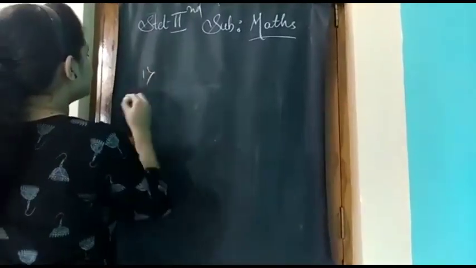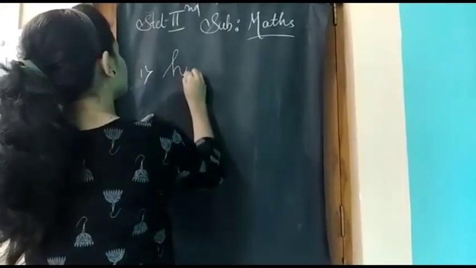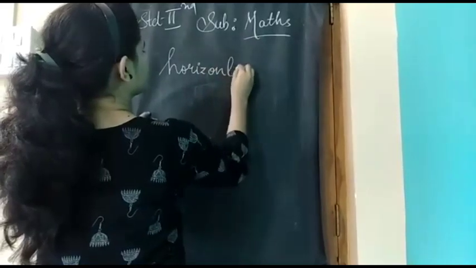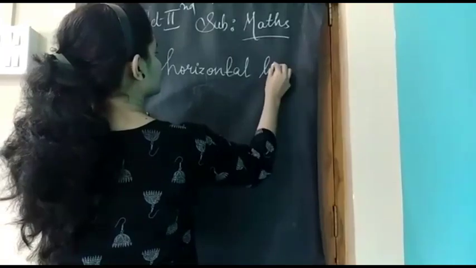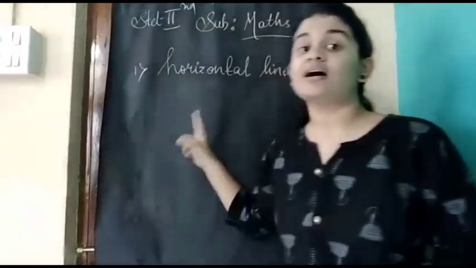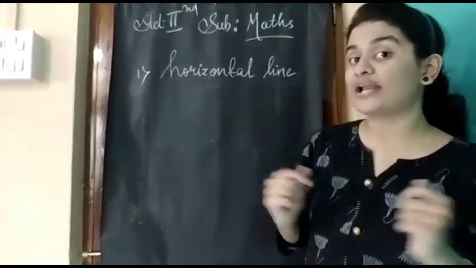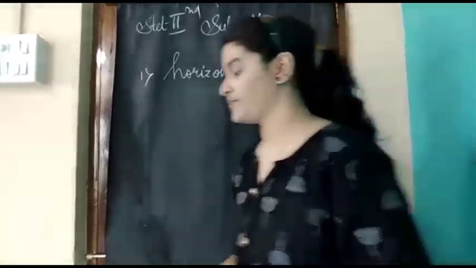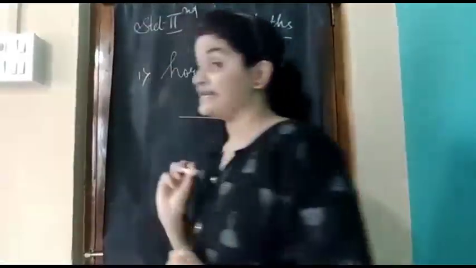The first line that we will see is horizontal line. So this is a horizontal line. So how to draw horizontal line? Let's see once more. This is horizontal line.